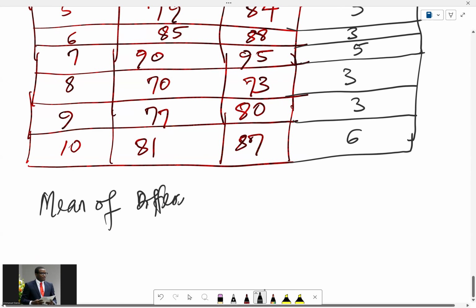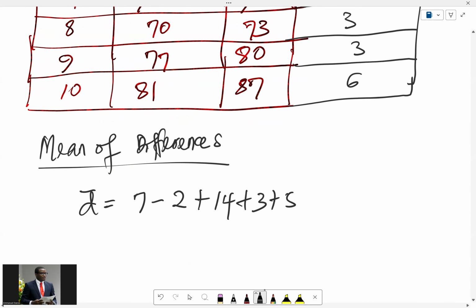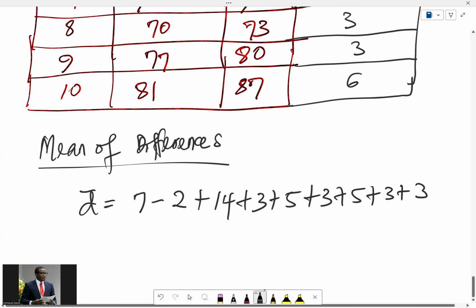The mean of differences, d bar, is equal to 7 minus 2 plus 14 plus 3 plus 5 plus 3 plus 5 plus 3 plus 3 plus 6, finally, divided by 10, I believe.